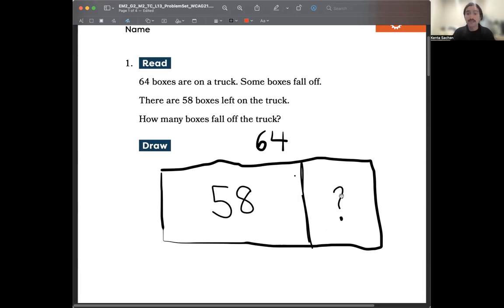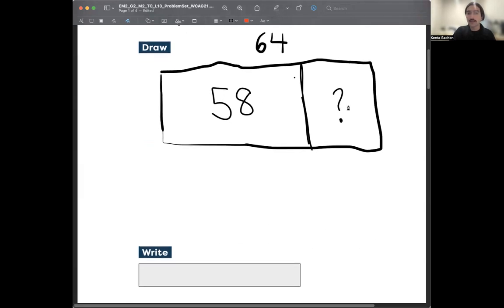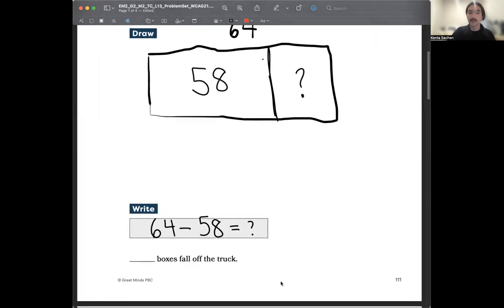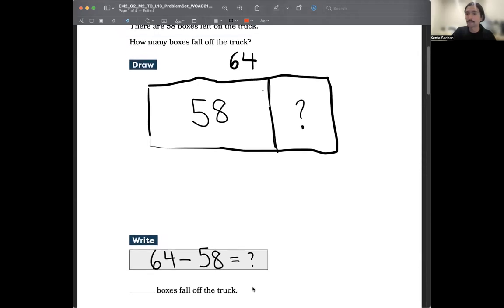In order to find that missing part, we're going to use some subtraction. Because we know that 58 plus this mystery is equal to 64, we can say that 64 minus 58 equals the number of boxes that fall off the truck.